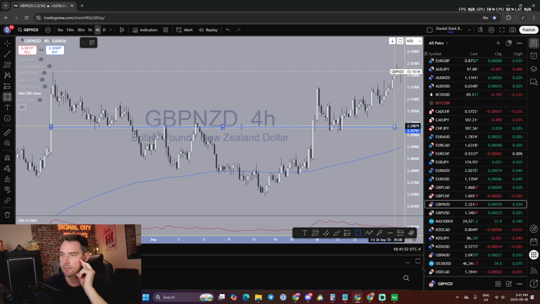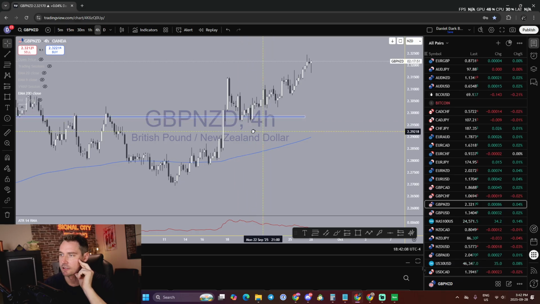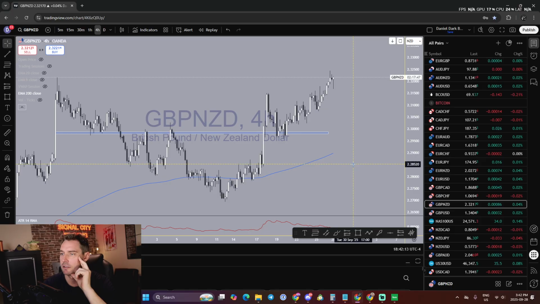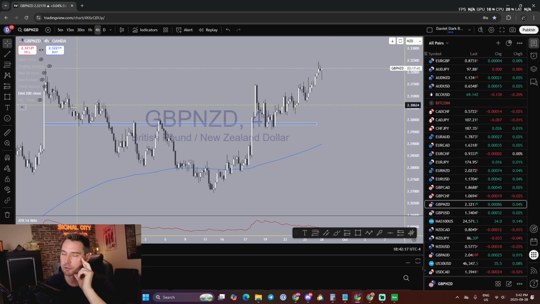It's a little ugly, but it's not that bad. We have a couple of reactions, a couple of mean reversions here. So pulling back to this level could be the closest price I'd be willing to go in at. But the problem with this is it's so pumped from there right now.